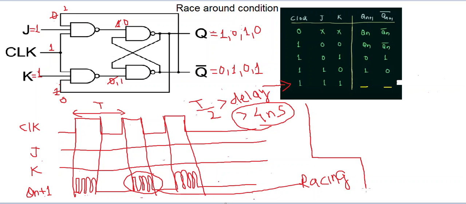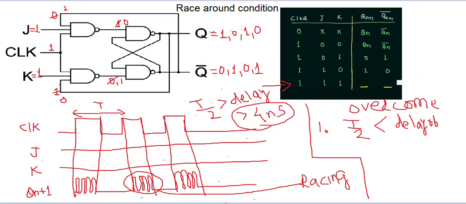Now, how to overcome this race around condition? What are the ways to overcome it? The first way is very clear: your T by 2, the half time period, should be less than the delay of the flip flop. That is very much required.